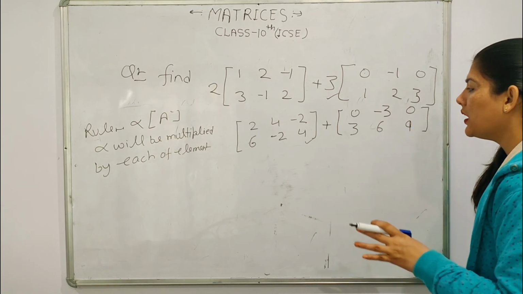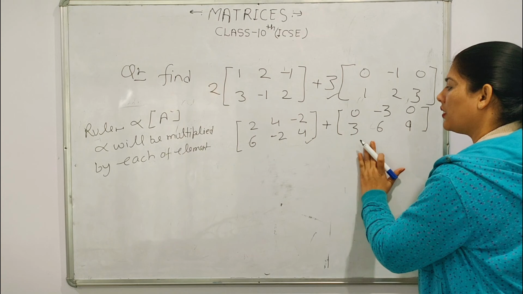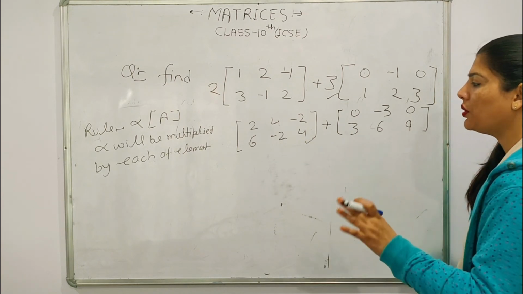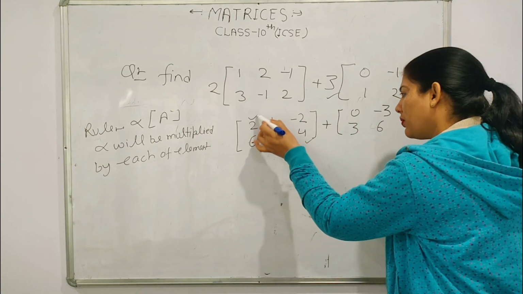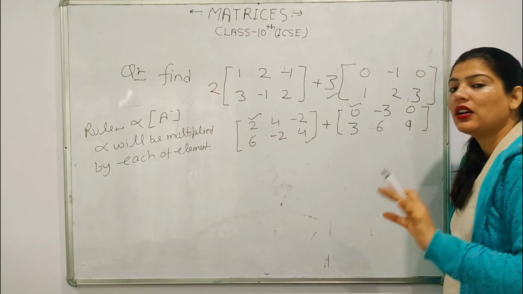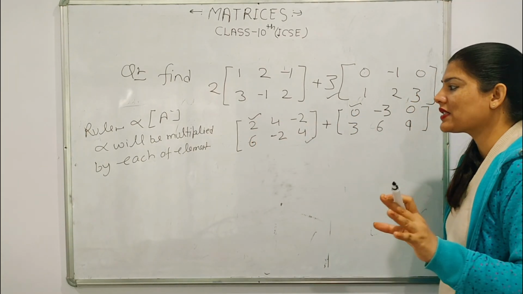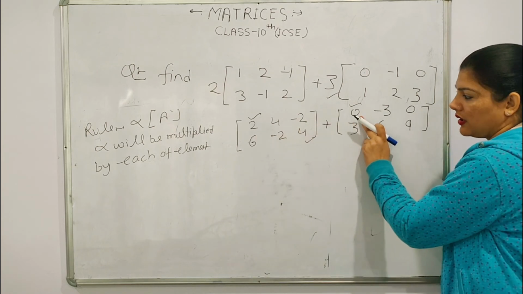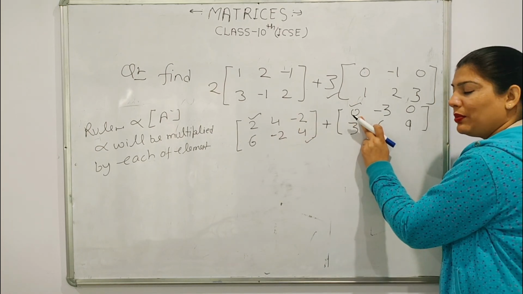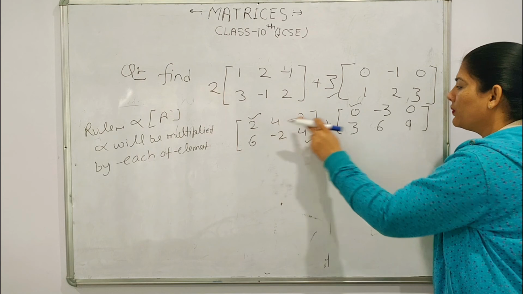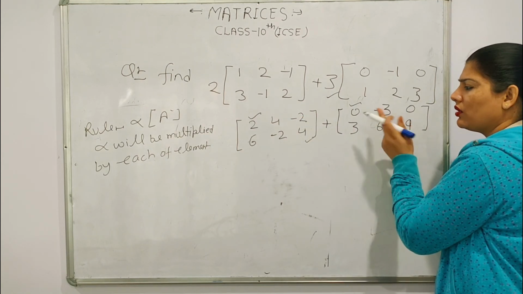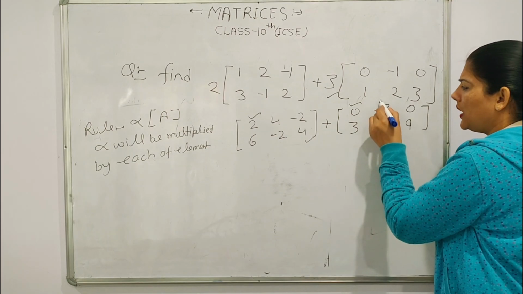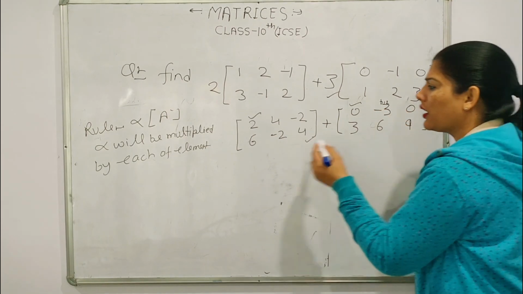Now the order is the same, so you can add these two matrices, and you have to add the corresponding elements. That means A11 is added to B11, A12 will be added to B12.